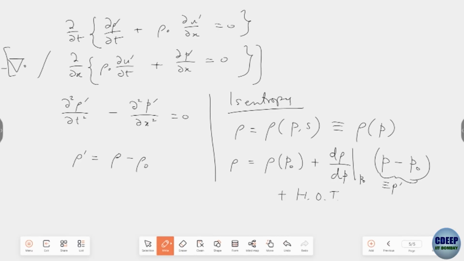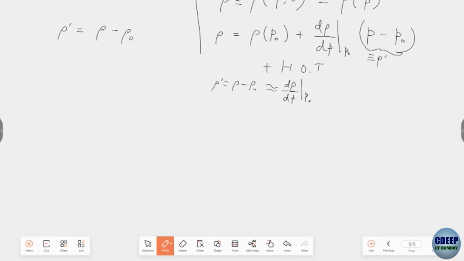So we are saying that rho prime, which is rho minus rho naught, is approximately, up to linear approximation, d rho dp at p0 times p prime.